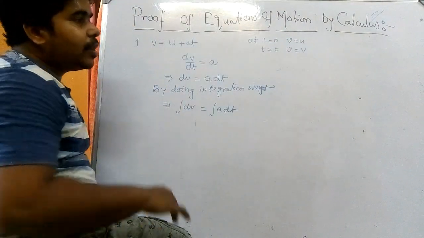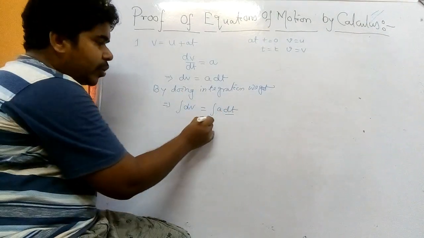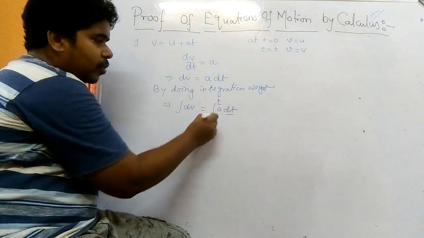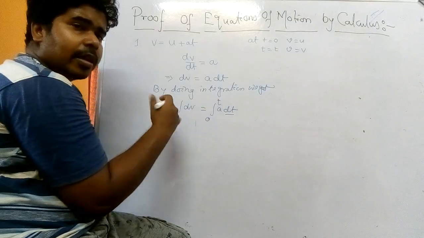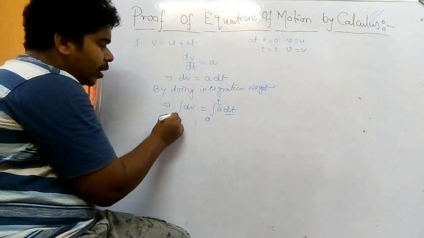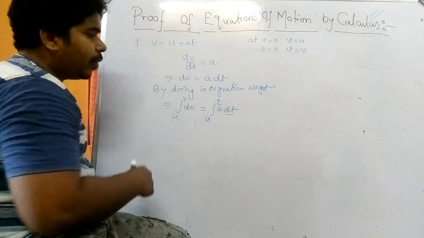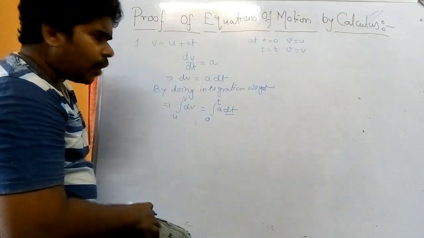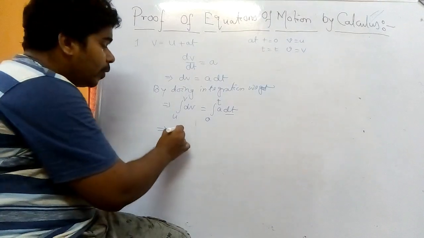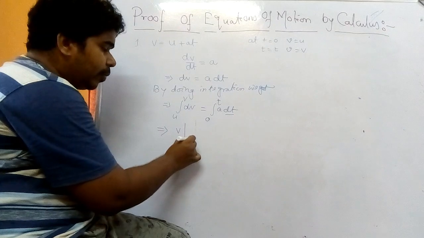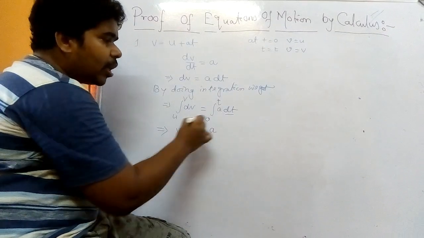Okay, so now it is easier to put the limits. Here the time changes from 0 to t. Whenever you have started, the time is 0, and at the end the time is t. At the start your velocity is u, that is the initial velocity, and at the end the final velocity is v. Now integration of dv is v, with limits u to v, and a is a constant, so a will come outside.